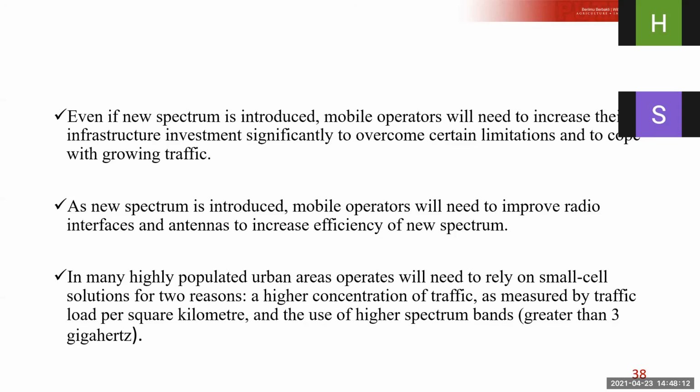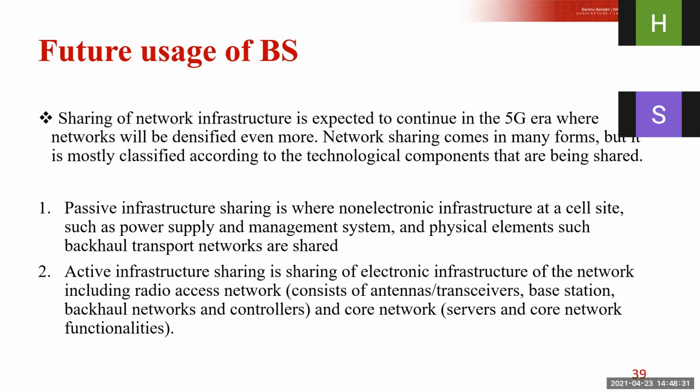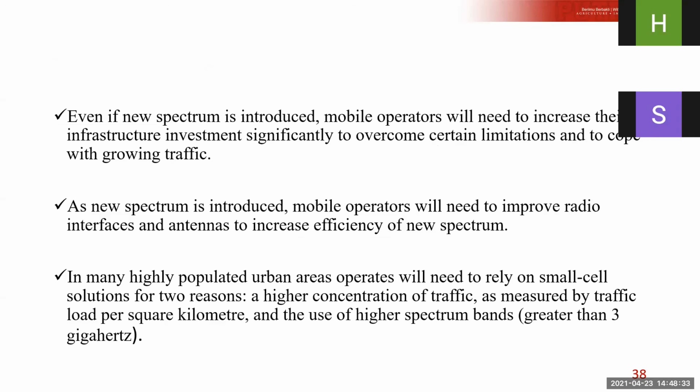Why? To increase efficiency. In many highly populated urban areas, even if we use spectrum sharing or spectrum refarming, we do have to add more small cells and maybe more micro cells. But if we compare it with the first way, where we removed all the base stations after we turned off the 3G base station and redesigned it again, it will cost us a huge amount of money, and it will need a lot of energy consumption, which is one of the problems for climate change as well.